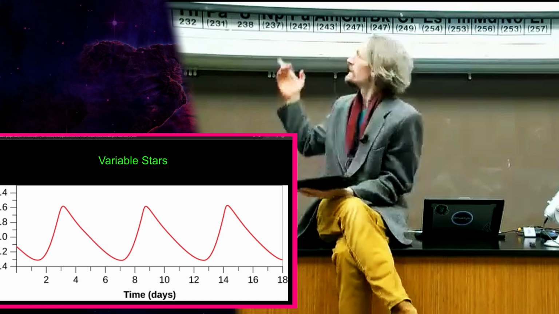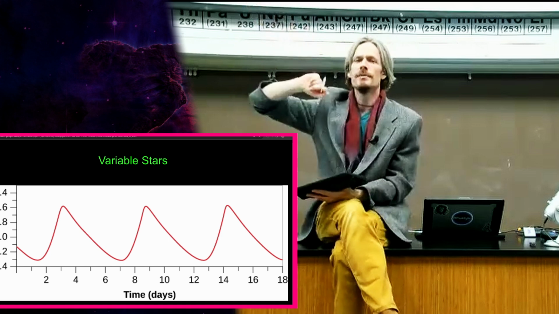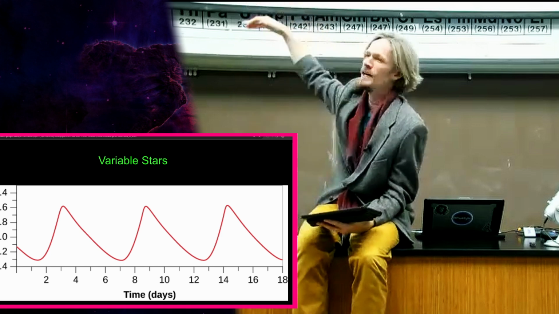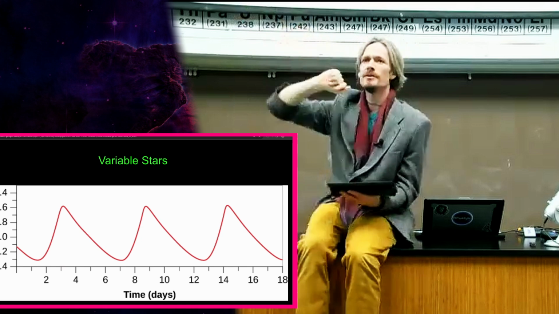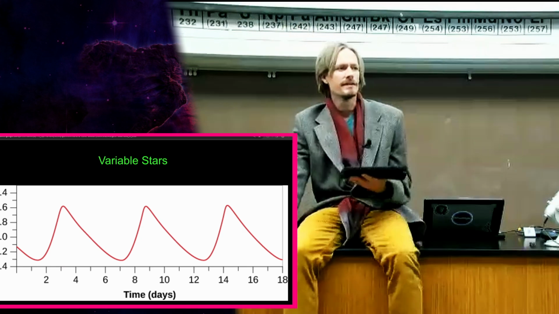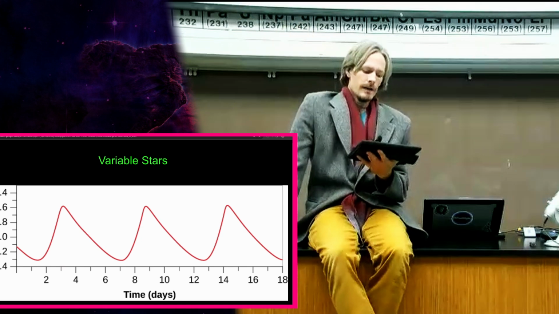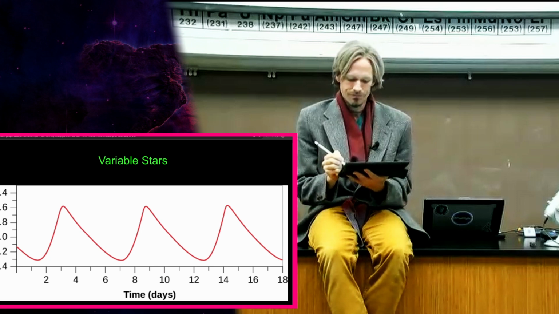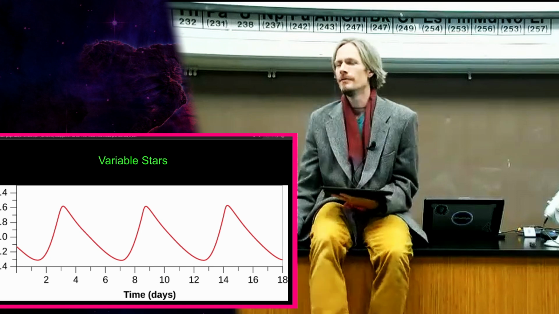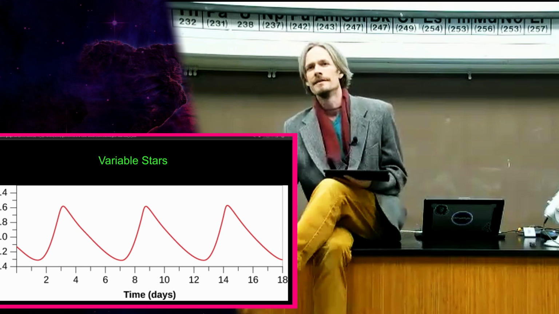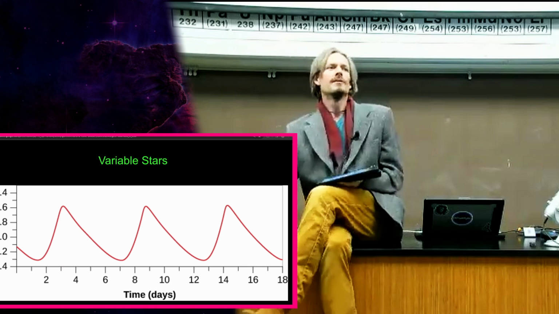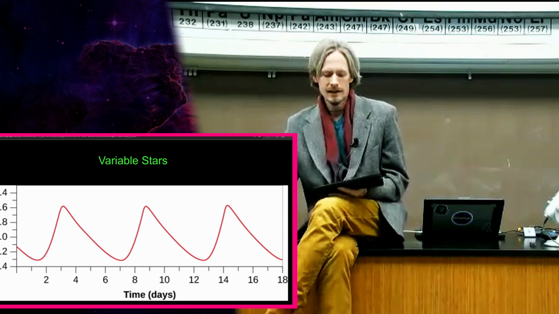So what they do is they measure the apparent brightness, the apparent magnitude. They measure it versus time, and these things are pulsating on a really fast scale. We're going to talk about the lives and deaths of stars very soon once we make this map of our neighborhood.